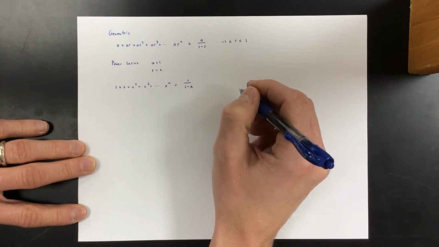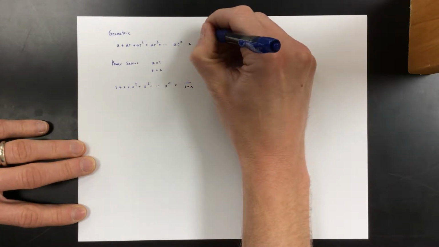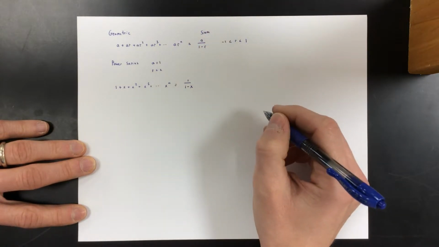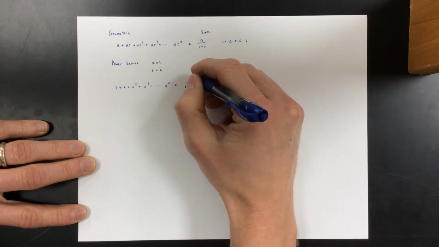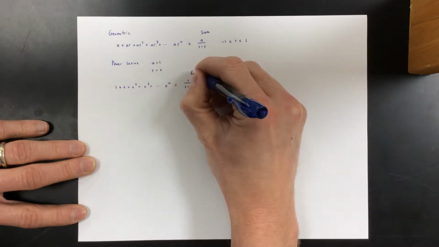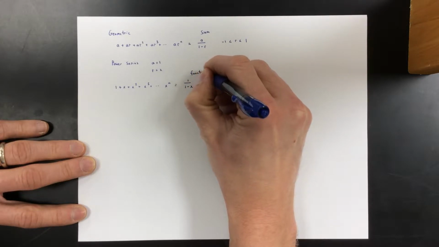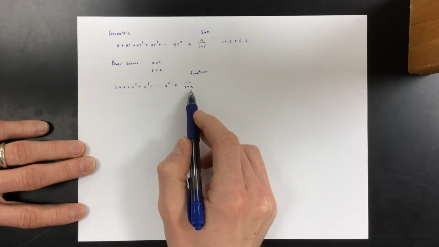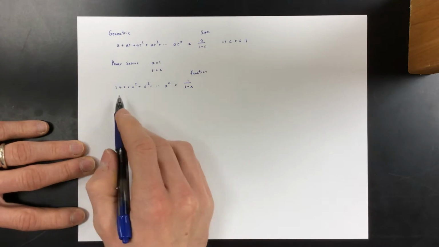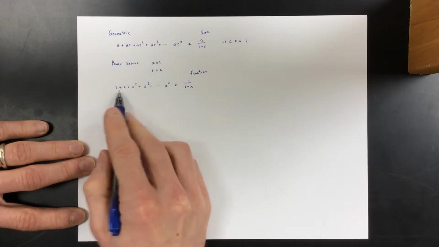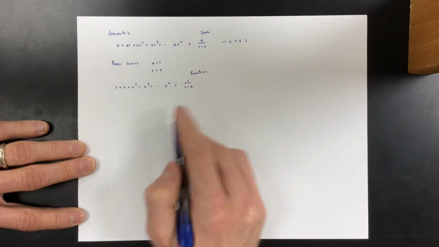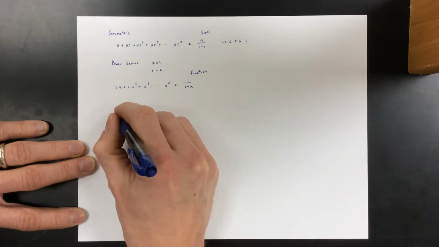And so in geometric, we would talk about this being the sum, because it's typically a number, because a and r are numbers. And here, we talk about this as being a function of x. And so we're going to flip it and say, well, instead of saying that this infinite series is equal to this function, we're going to start with the function.